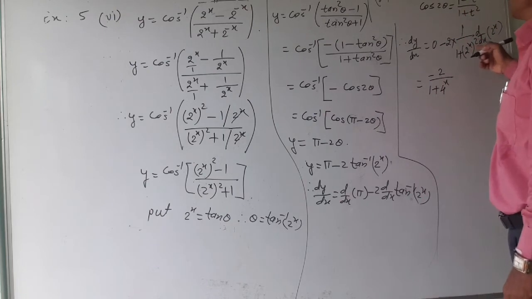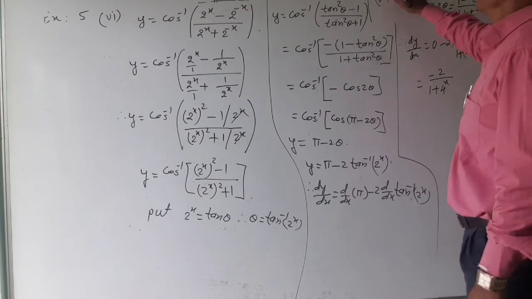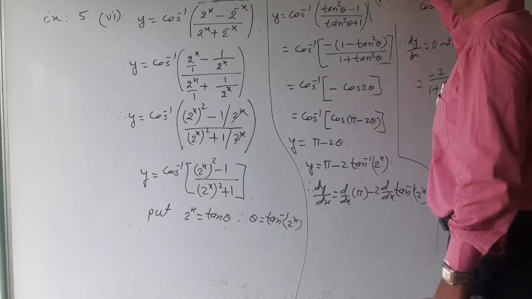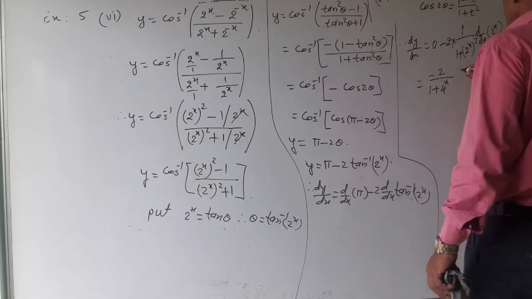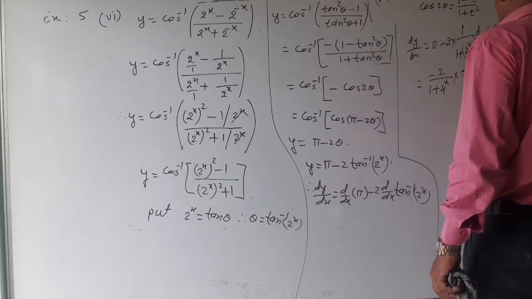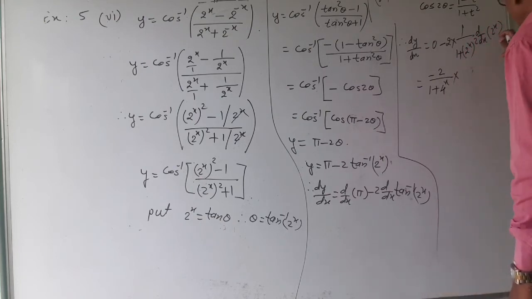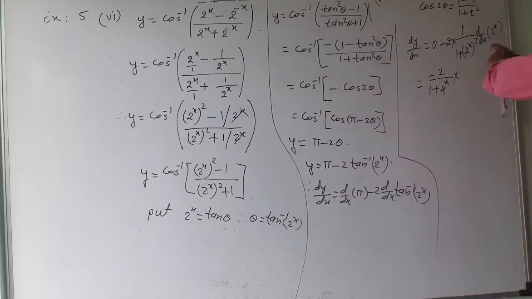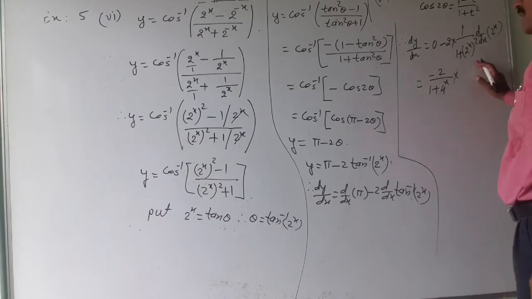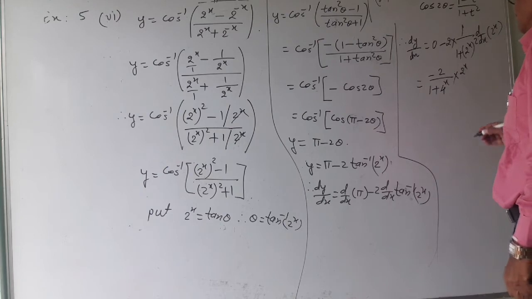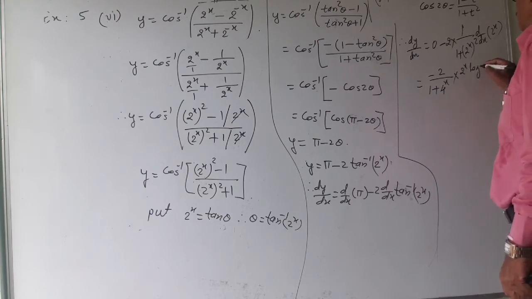Instead of writing 2 raised to 2 raised to x, 2 raised to 2x is nothing but 4 raised to x. So this way also you can write, into log of 2. This remains. Derivative of a raised to x is a raised to x into log of a. A raised to x means 2 raised to x into log of 2.